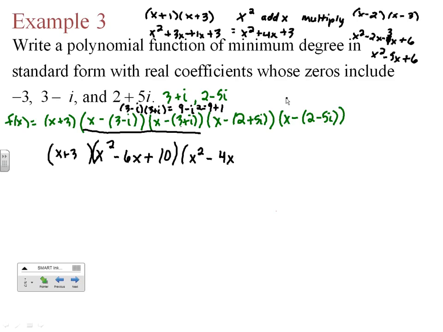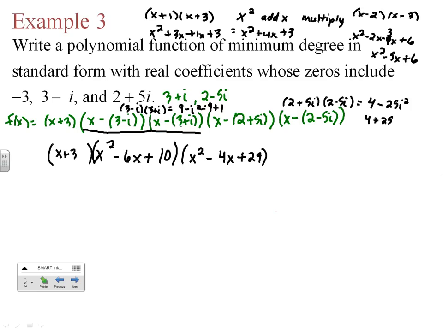And then if I multiply together 2 plus 5i and 2 minus 5i, I get 4 for my first term. My outer and inner terms cancel out, and then I get negative 25i squared. Well, that's really 4 plus 25, which means this is plus 29.